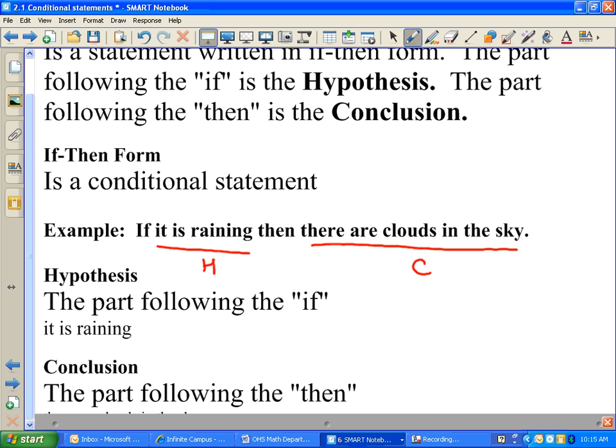They're not included in that. Questions? So the information after the if, before the then, is my hypothesis. The information after the then, in the rest of the sentence, is my conclusion.